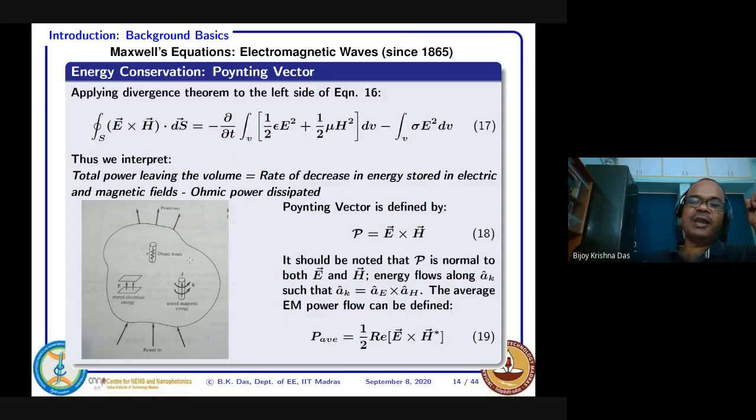So in a capacitor, when you solve how much energy is stored, we know that it is half CV square, the potential difference and capacitance, that is the average energy. Here also you see it is half epsilon E square.